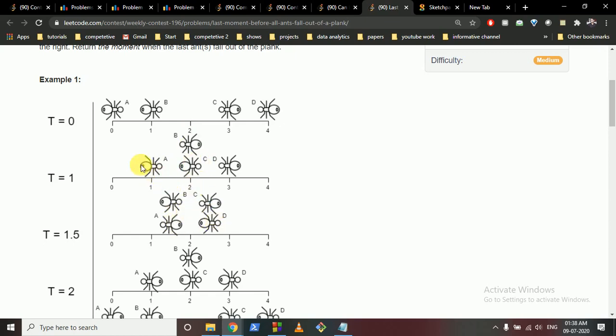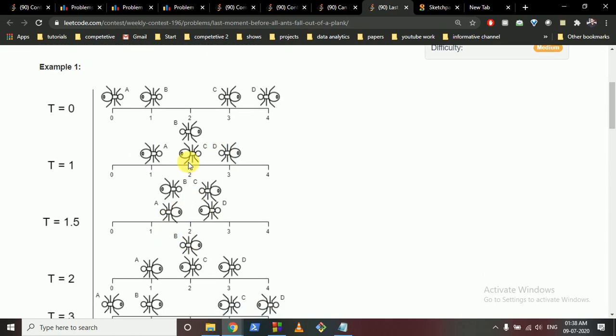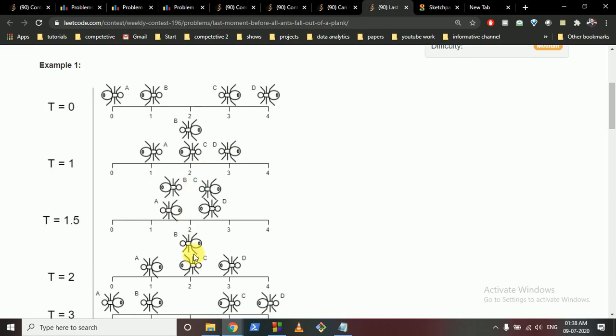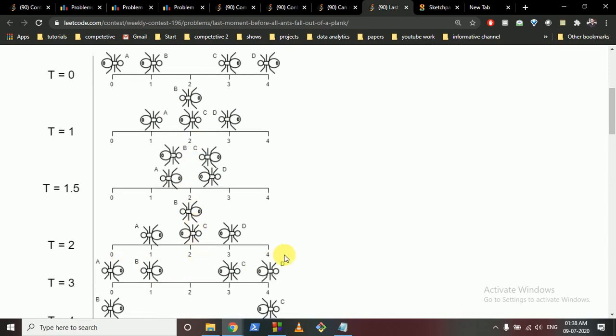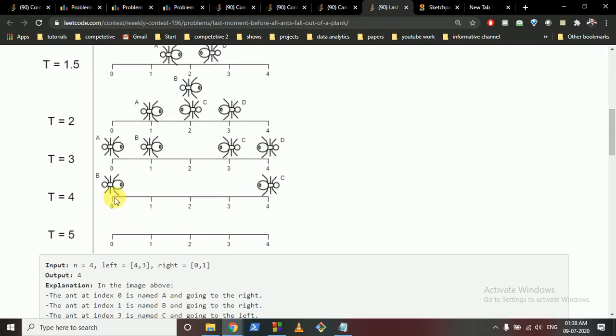Now there is another ant coming from here and here, so they will again change direction, and then this will happen. At time 4 they are on the plank, but this is the last moment they are on the plank. At time 5 they are not on the plank, so you have to return the last moment on which they are on the plank. So you have to output 4.